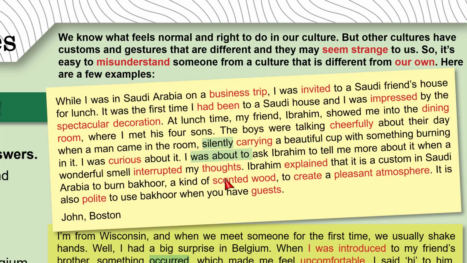Bakhur is a kind of scented wood, wood that has a nice smell, to create, to make the atmosphere, the surrounding in your house pleasant, nice. It is also polite. It is something nice to do, to use bakhur when you have guests, when you have people in your house, visitors.